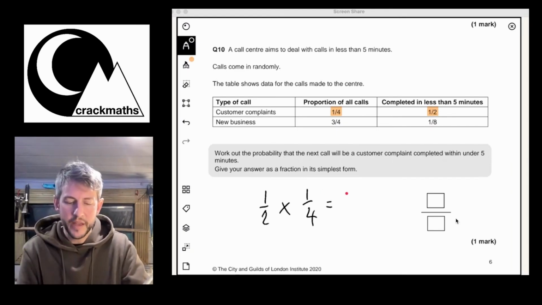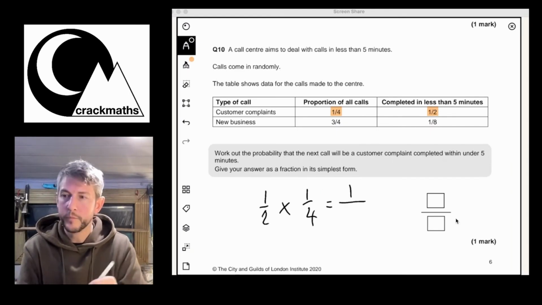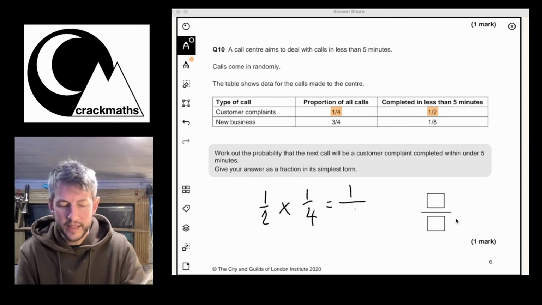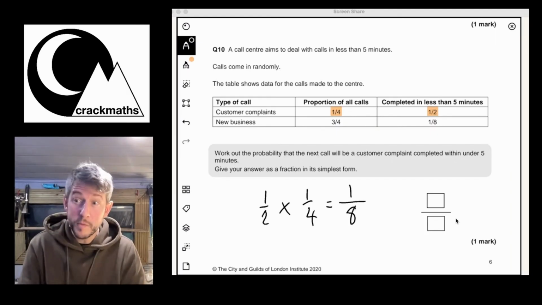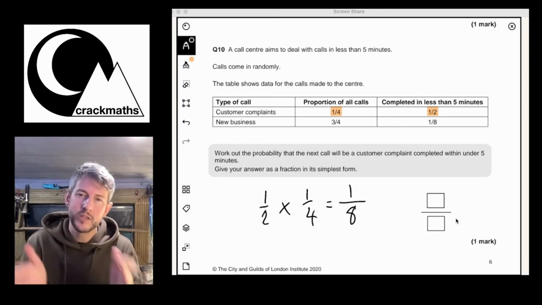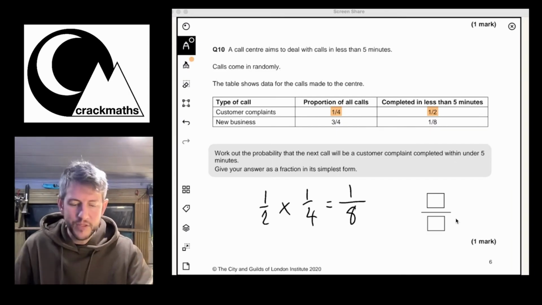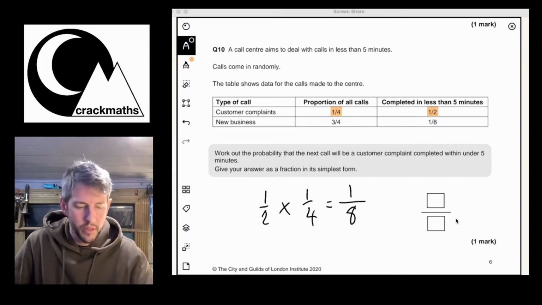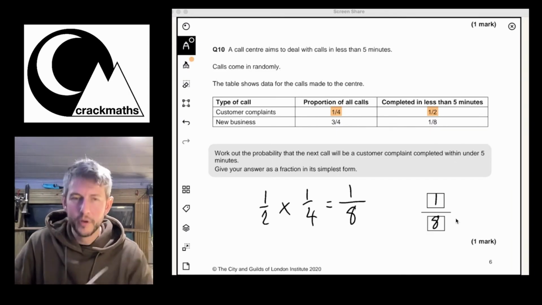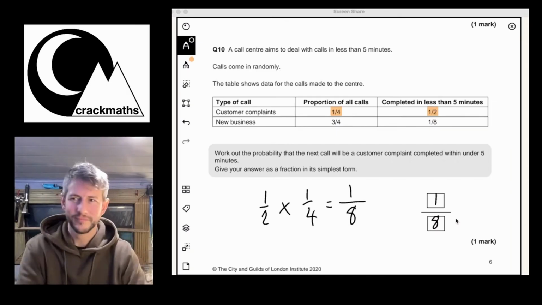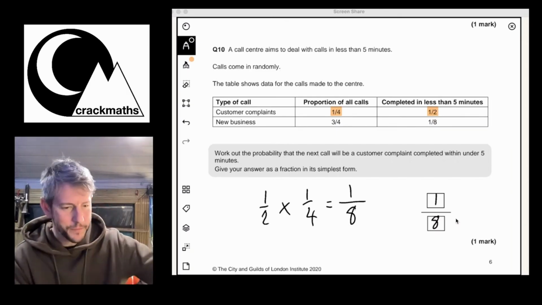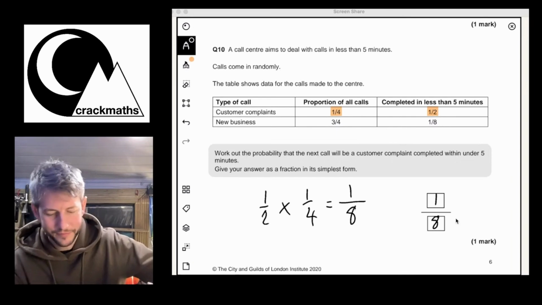So this is going to be 1 times 1 is 1, 2 times 4 is 8. Because remember, with multiplying fractions, we just do the top times the top and the bottom times the bottom. Okay, so that's already in its simplest form because I can't get a number smaller than 1. So I'm going to put that there. Okay, right, great. Let's continue.